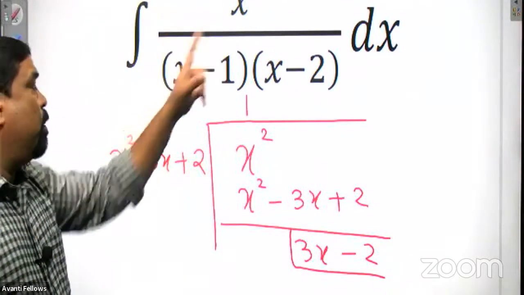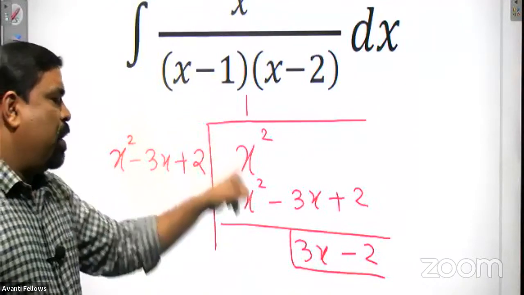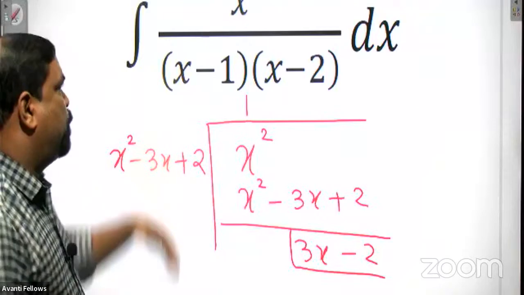Divide x square by the denominator, and you will get the quotient as 1 and the remainder as 3x minus 2.